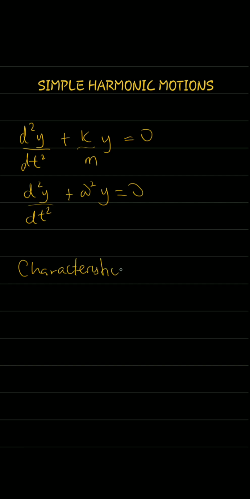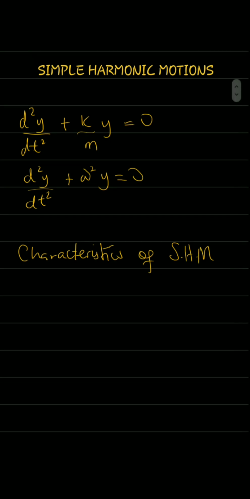Under characteristics, we have things like the amplitude, the angular frequency, the period, the frequency, and also not forgetting the phase constant. Now before that, we need to acknowledge that for this to happen, we need the equation of displacement.